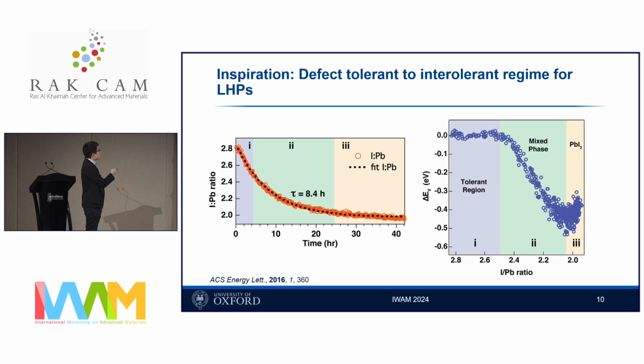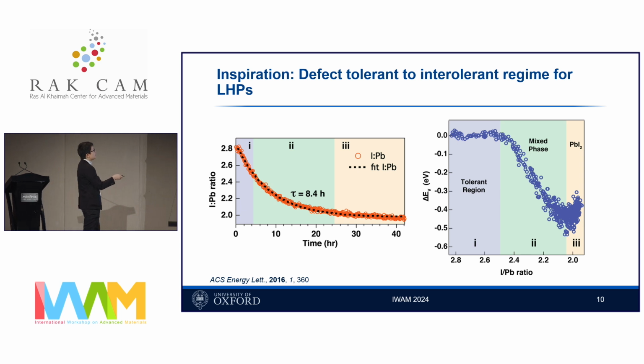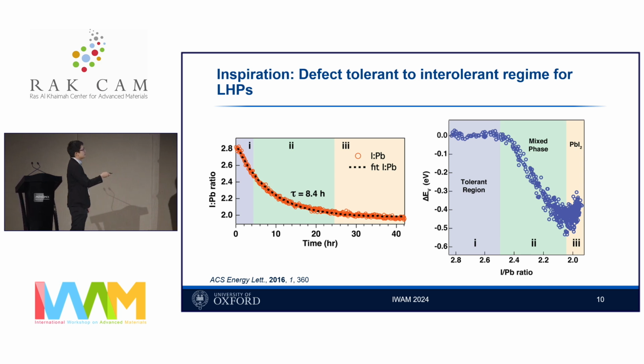And then they monitored, as more iodine was removed from the perovskites, what that did to the electronic structure. So here they're monitoring, in the same interaction volume, the valence band to Fermi level offset. And you can see here that there's a certain region, a certain iodine to lead ratio, where there was no change in the Fermi level, and it was only above a certain region that it changed. So this is a way to probe experimentally how defect tolerant materials are.